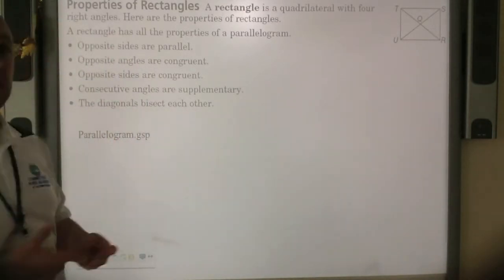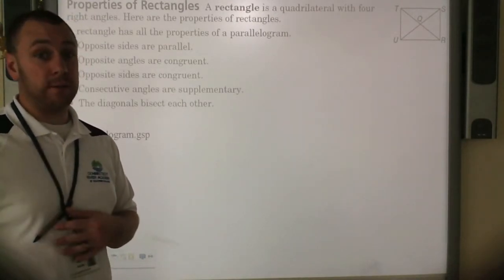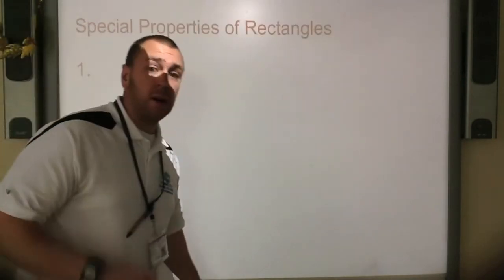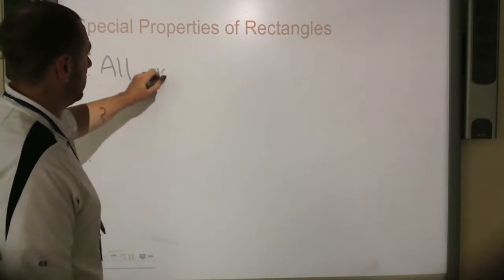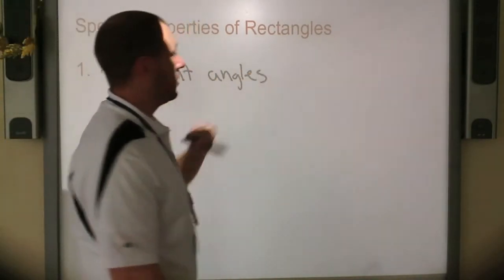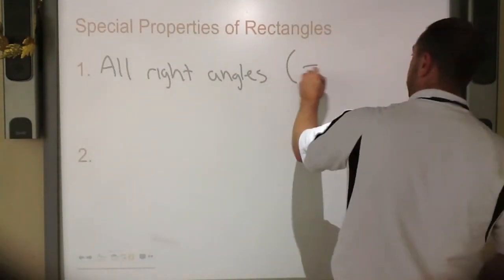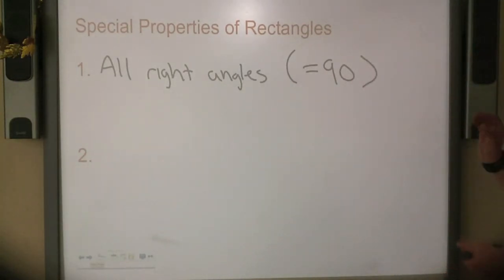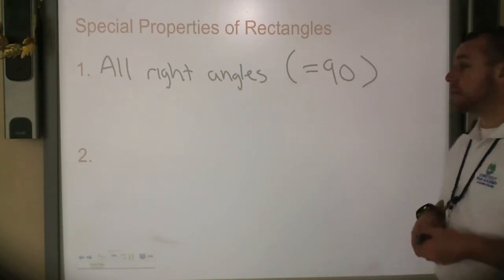But there are two different properties that you were supposed to have noticed from your Geometer Sketchpad sketch. Number one, all right angles. So all the angles are right angles, so they're all equal to 90. That is something that you already knew going into this.